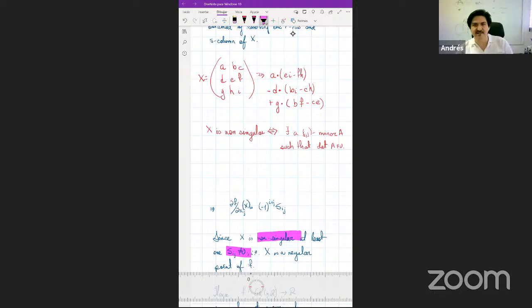At least one. Right? So that's what I'm having here. Okay. What I'm having trouble with is the if and only if part. Because I'm thinking about this matrix.